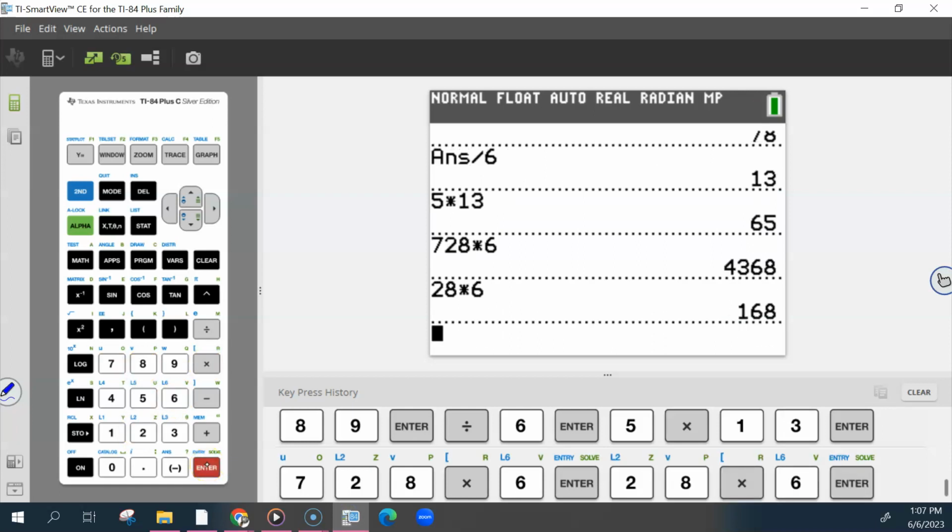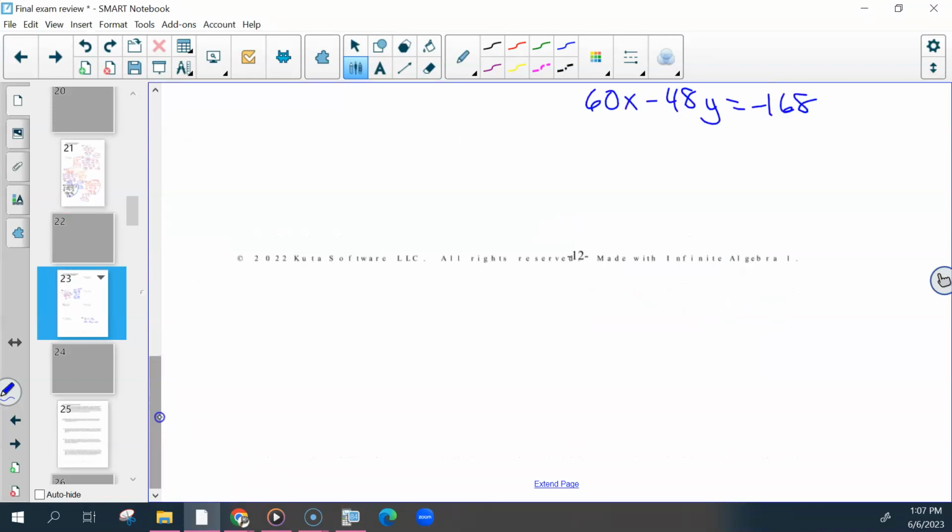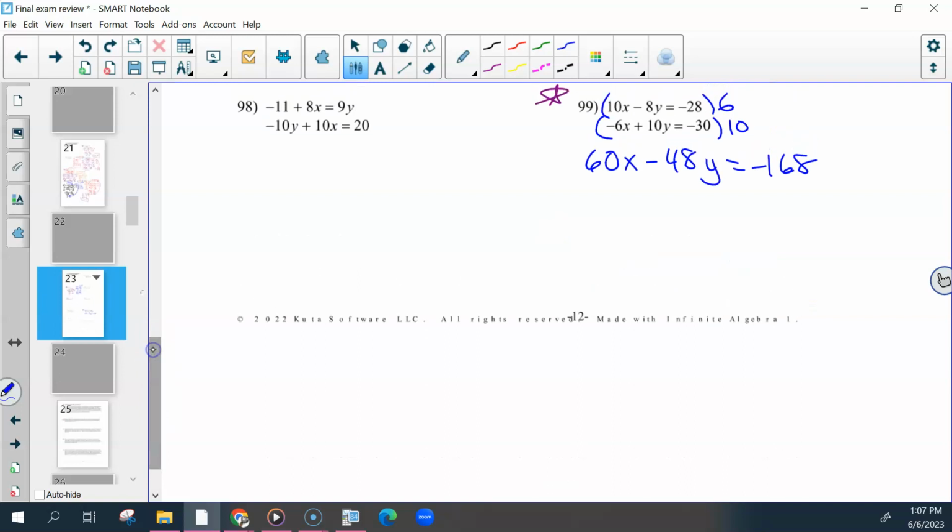Negative 168. And then negative 60x plus 100y equals negative 300. Now our x's are similar. They're not the exact same, but that's okay.